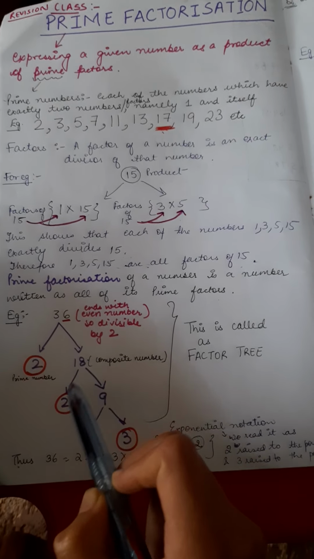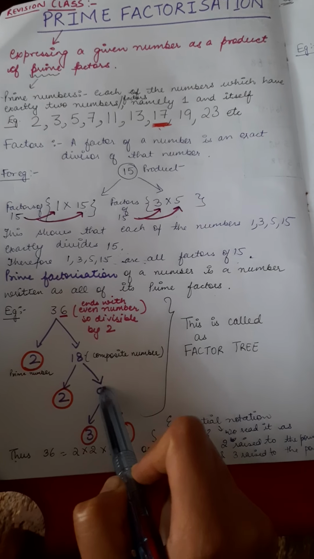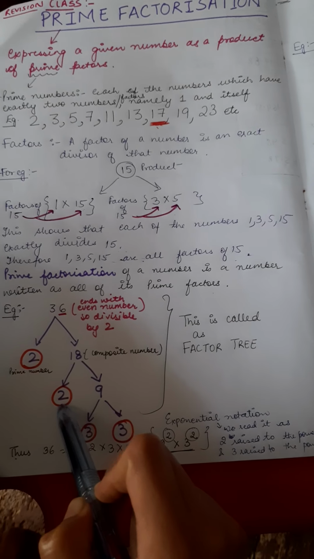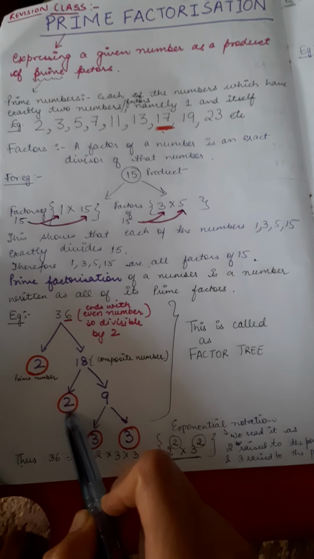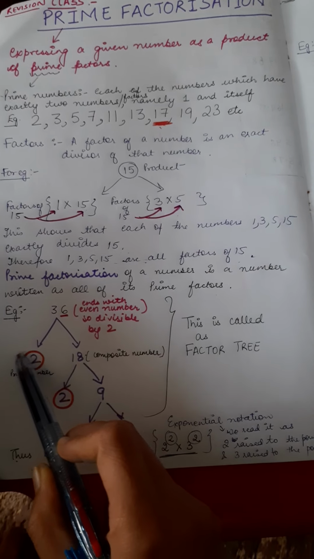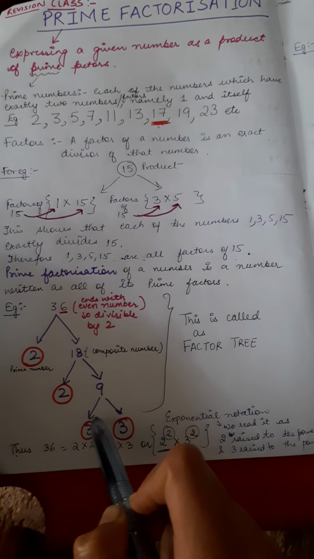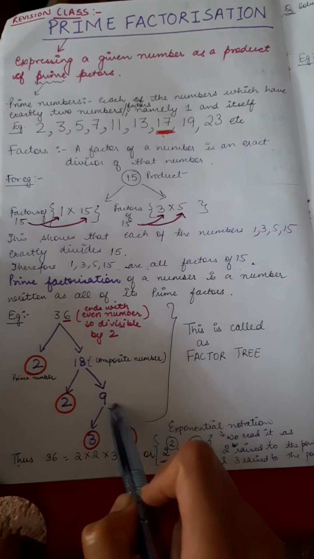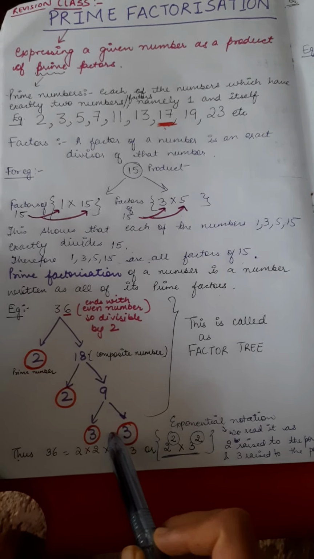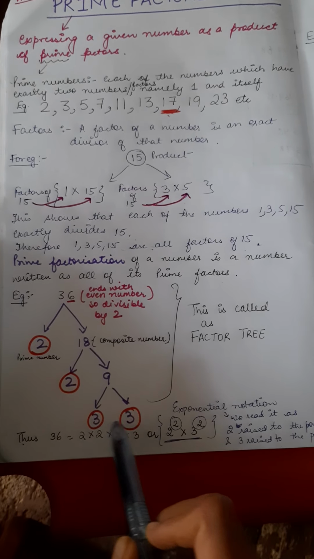Now 2 is a prime number, but 18 is a composite number because it has more than 2 factors. So here you can see 18, I have split it again and I have written the lowest prime number 2 into 9 because the multiple 2 into 9 gives me 18. And the prime numbers I have circled with red ink. So 2 into 9, 9 is again a composite number, and it is giving me two numbers here.